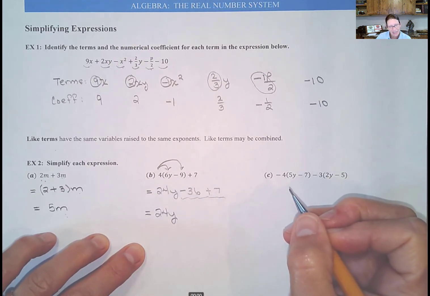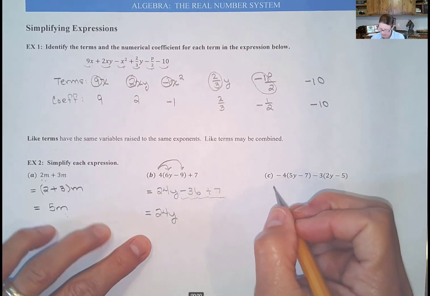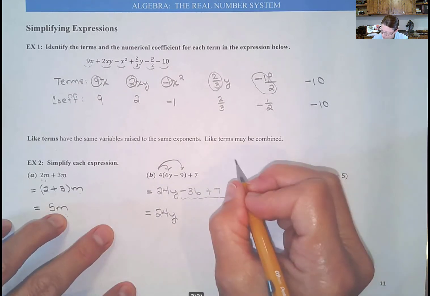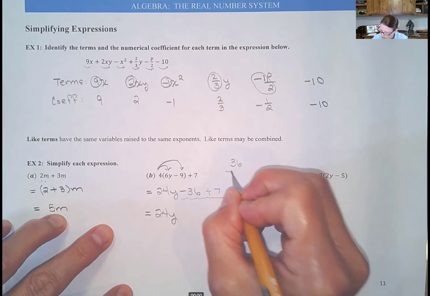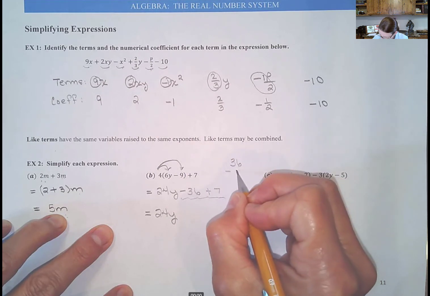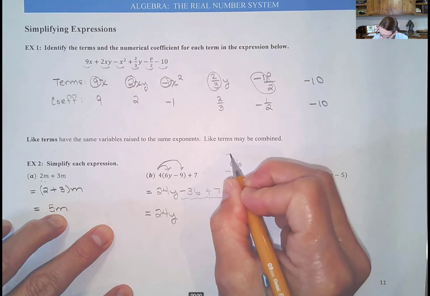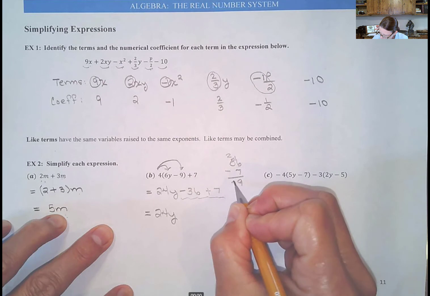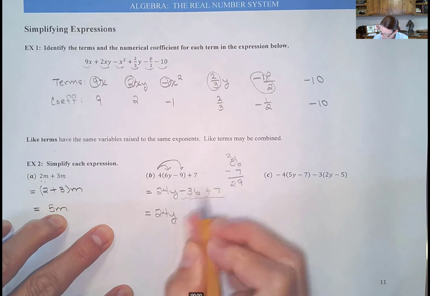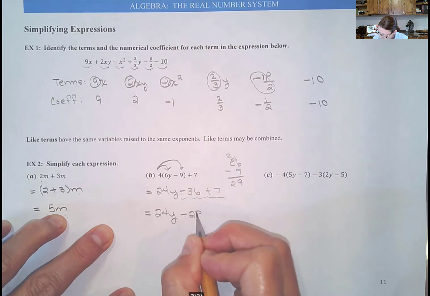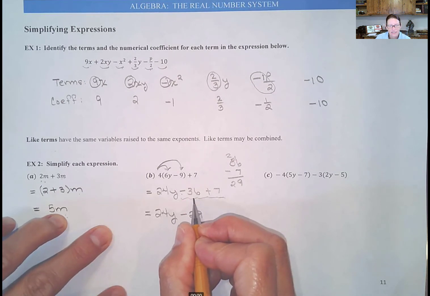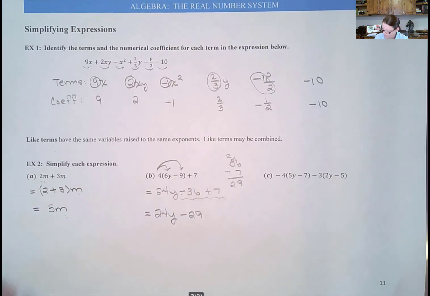Now we've got negative 36 plus 7. Those are differently signed, so I want you to think in terms of subtraction. The difference between 36 and 7 is 29, and it's going to be negative because that negative 36 carries the weight in that problem, okay?